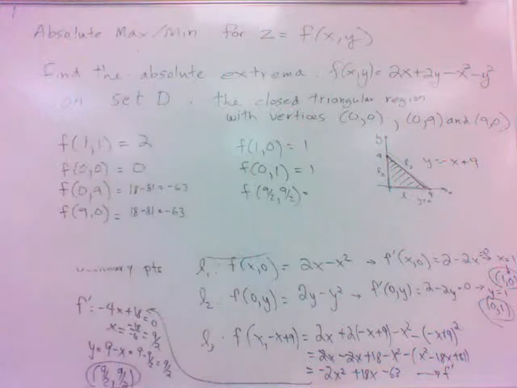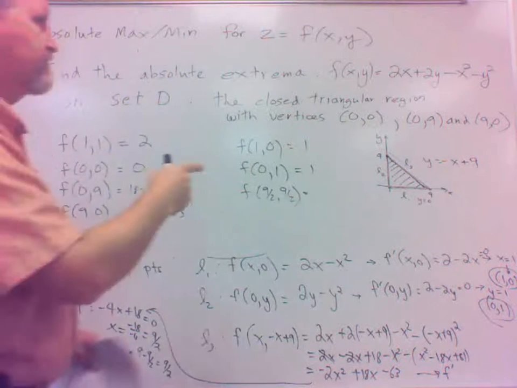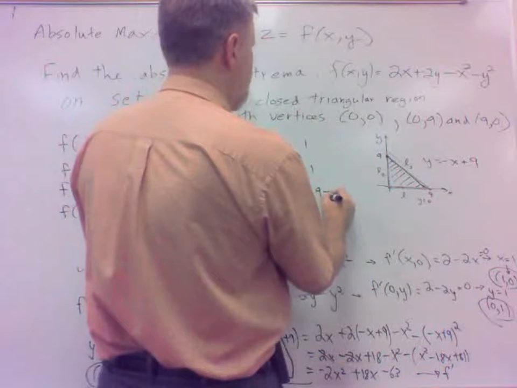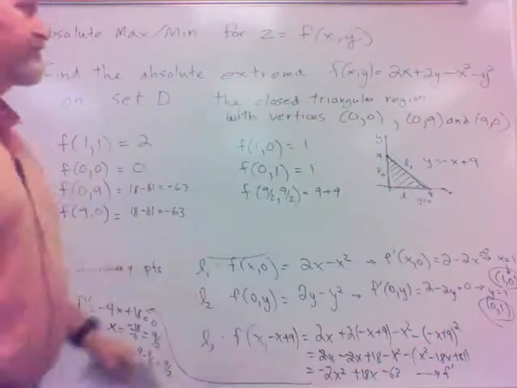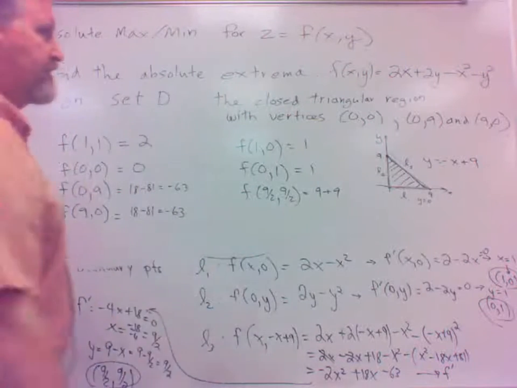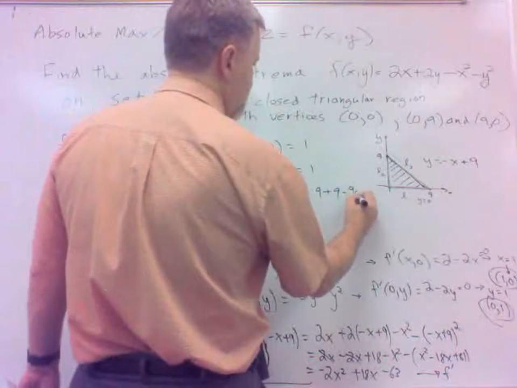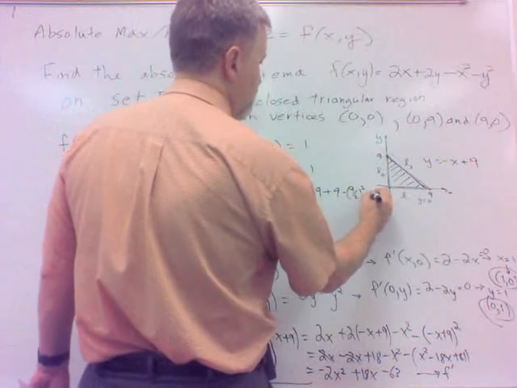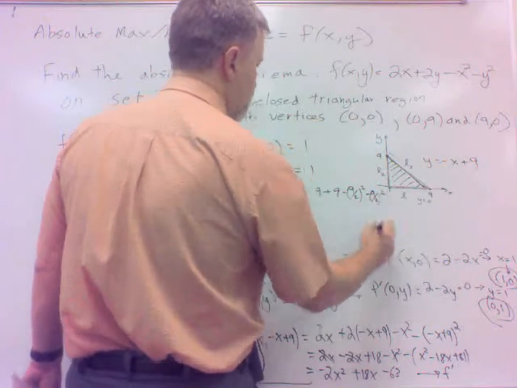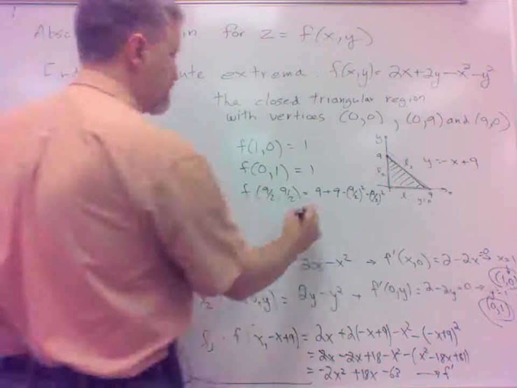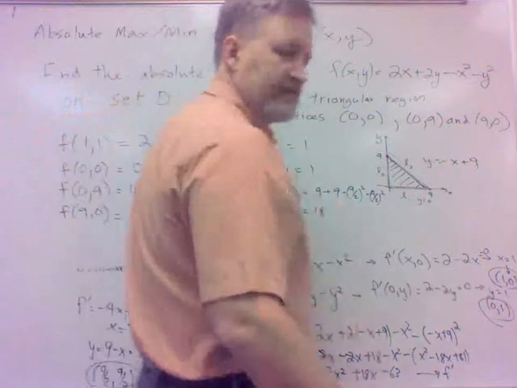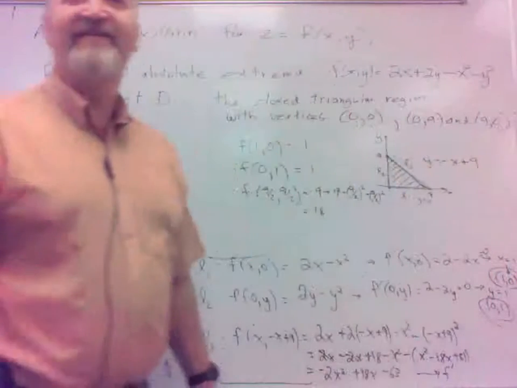So the trickiest one will be 9 halves, so that'd be 9 plus 9. If we plug in 9 halves, doing it quickly here, so check me if I'm wrong there. Minus 9 halves squared twice, right? Which is 18. I had to bring my calculator.